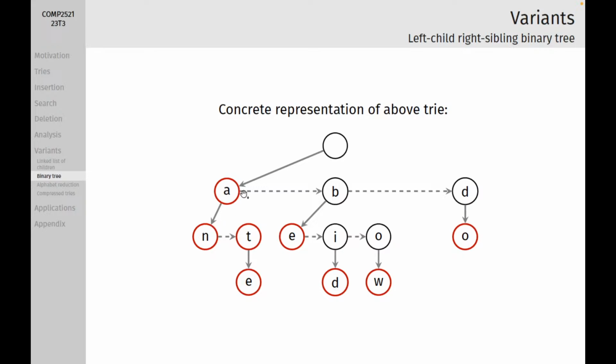For example, for this node A, the children of A are N and T, but the node itself only contains a pointer to the first child, which is N. These dotted pointers are pointers to your siblings. For example, the children of the root node are A, B, and D, and the root contains a pointer to the first child, which is A. In order to get to the other children of the root node, you need to follow these sibling pointers, these dotted lines.